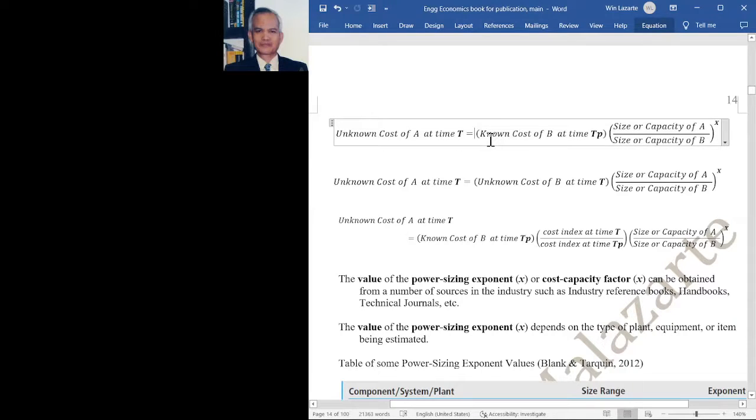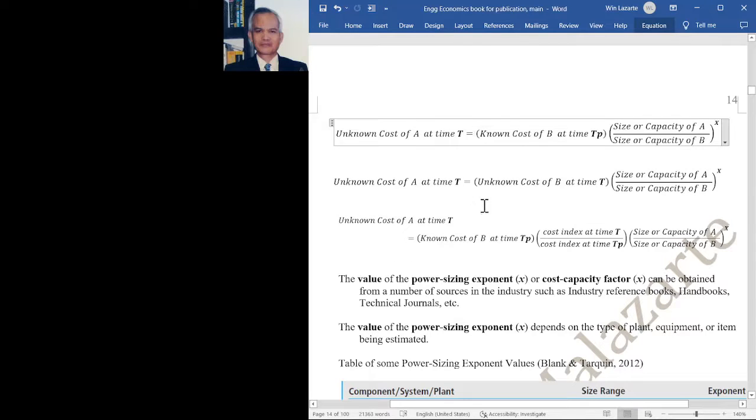So the instruction is to determine first the cost of B having the same point in time as the unknown cost of A, using the index method formula. This is the index method formula to find this term.